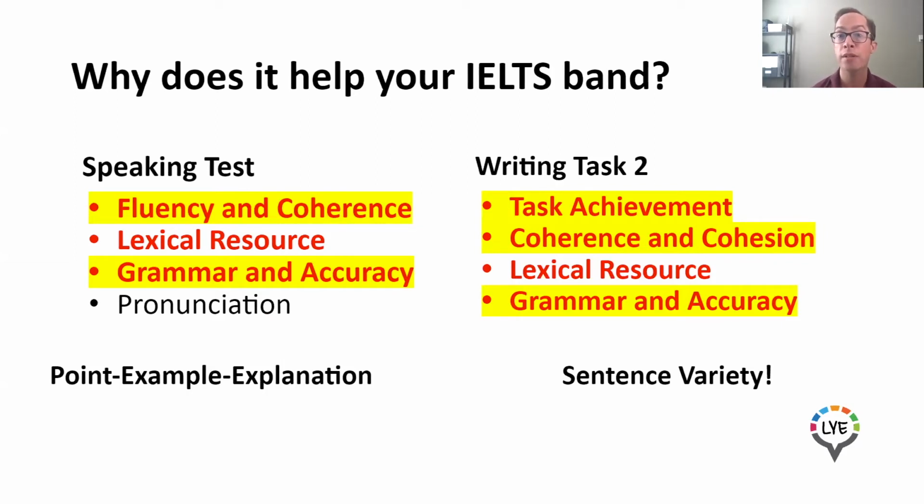Grammar and accuracy go up because you're using a variety of sentence types in this pattern. And of course, you're going to achieve the task because when you write an essay, you need to write it in an organized way that, again, connects the ideas and shows that you're using a variety of structures. So this pattern is useful for both aspects of the IELTS test.